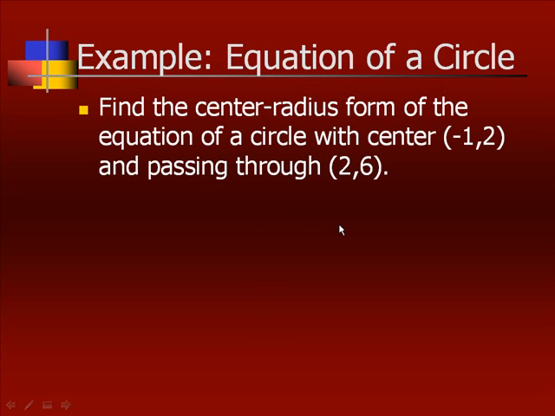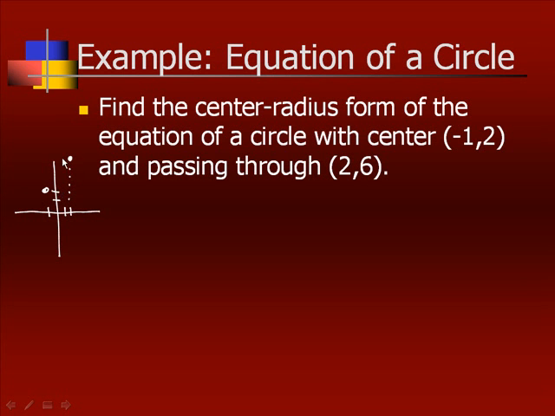Okay, let's do a different type. Find the center-radius form of the equation of a circle with center (negative 1, 2), passing through the ordered pair (2, 6). So if we were looking at a picture, we've got the center at (negative 1, 2), and it passes through the point (2, 6).